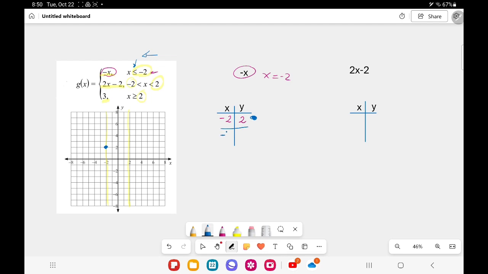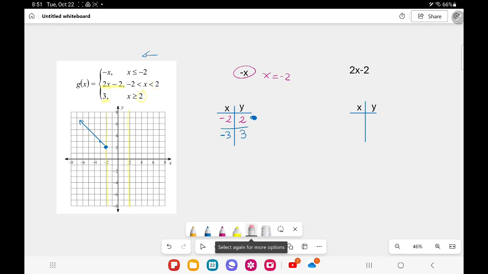Let's do negative 3. So when x is negative 3, this will be 3. So negative 3, 3. And now I am going to connect these points to have my segment. And there it is. So we finish with the top rule.